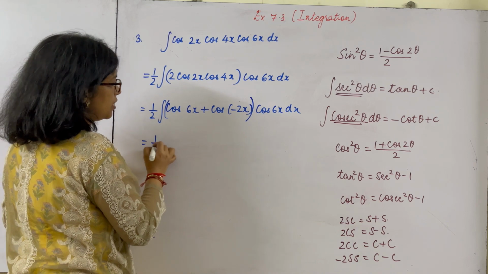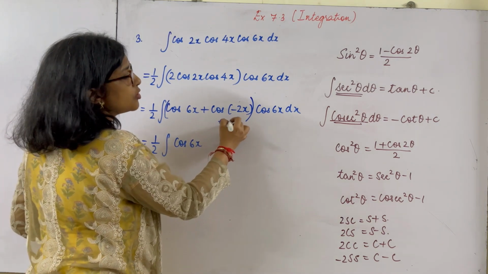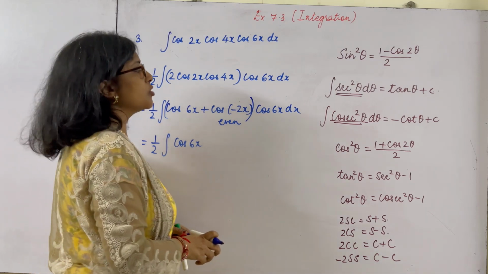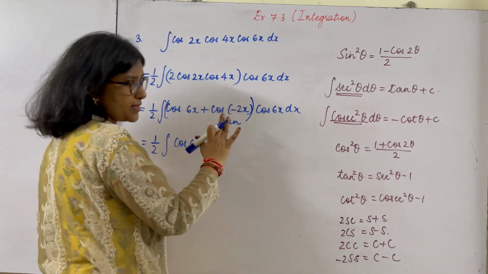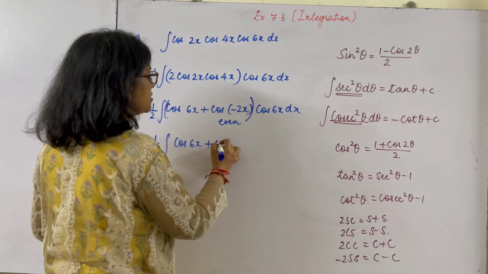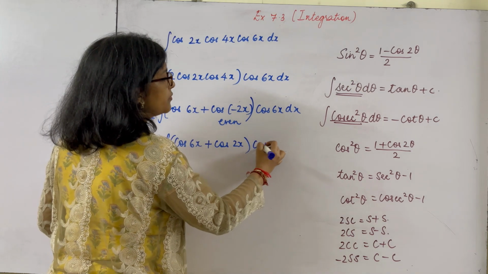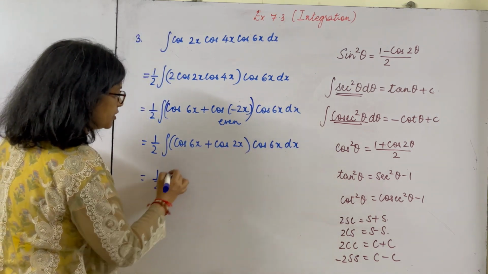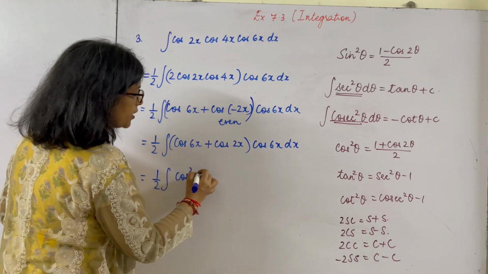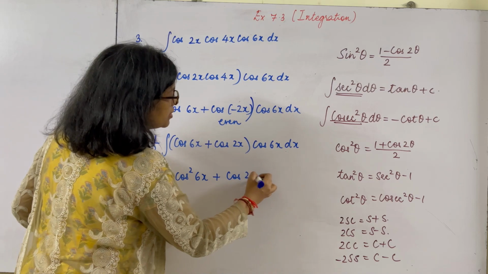So this is half integration cos 6x, and cos being an even function, meaning cos of minus 2x is cos 2x. So we have cos 2x as it is, the minus sign will just vanish. So we have half integration (cos square 6x plus cos 2x into cos 6x).